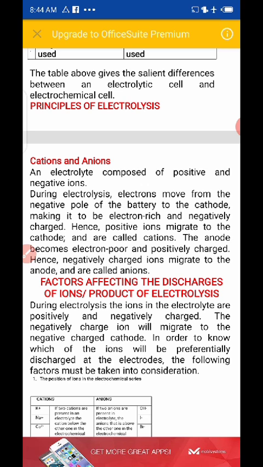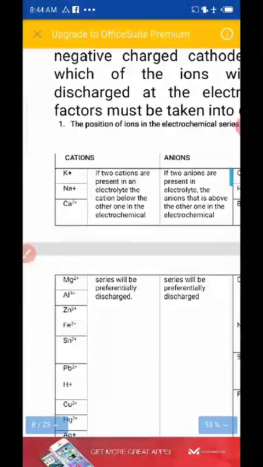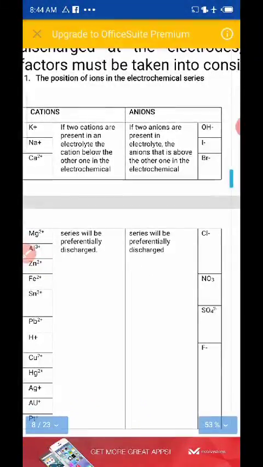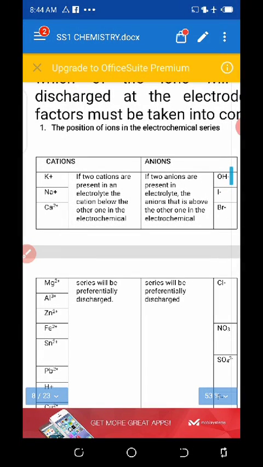So what are the factors that can affect the discharge of ions under electrolysis? There are factors here that I put in summary form. The first factor is the position of the ion in the electrochemical series.